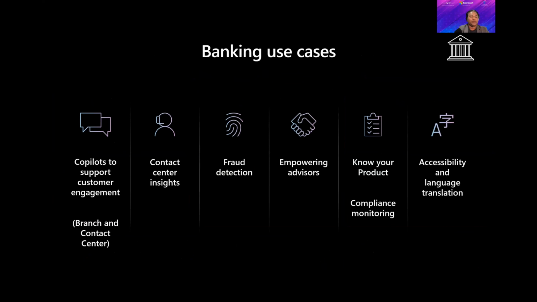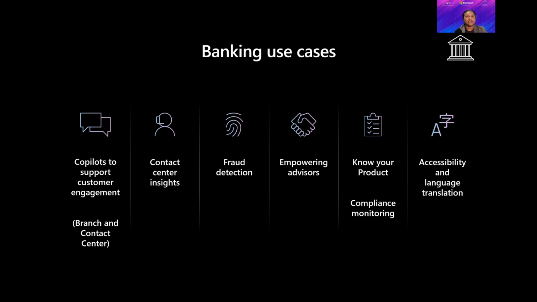Right? So within banking, the top use cases are Copilot to assist in customer service, right? Or gaining insight in the contact center. So first, a customer service agent can use something like ChatGPT to ask a question and get an answer that they can then use to respond to the customer more quickly instead of searching through everything, right?